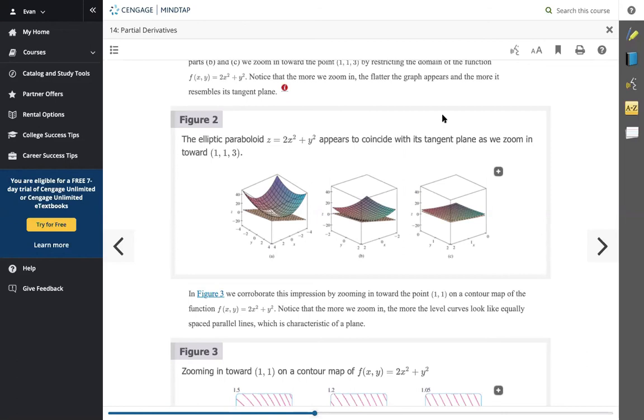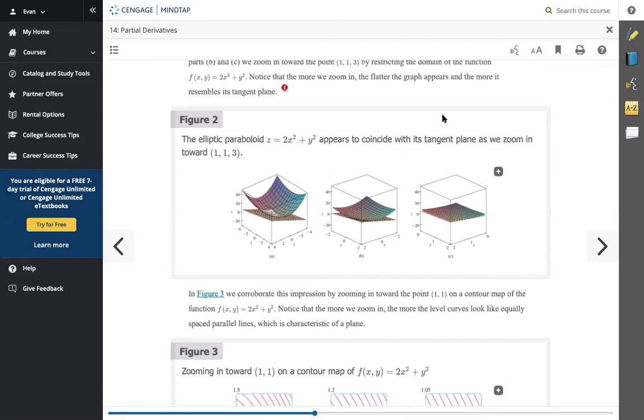But the middle square is the same figure, just zoomed in a lot. And now, yeah, there's still a little bit of difference. We can see that my parabolic surface still has more curvature than my plane, right? But the difference isn't as noticeable when I'm zoomed in. And if I move to my rightmost figure, where I'm zoomed in a bunch, they're almost right on top of each other.